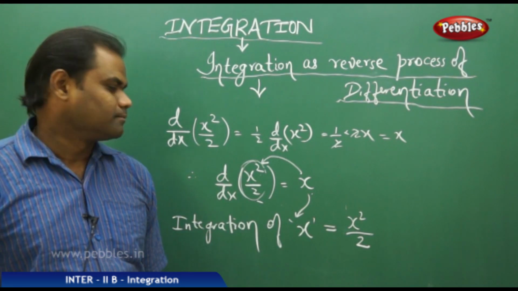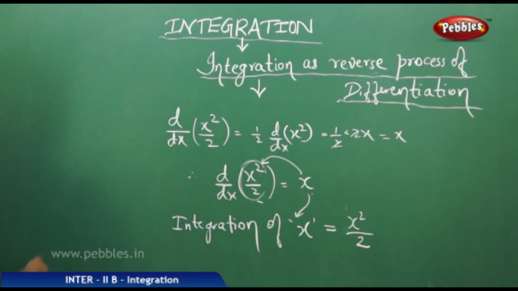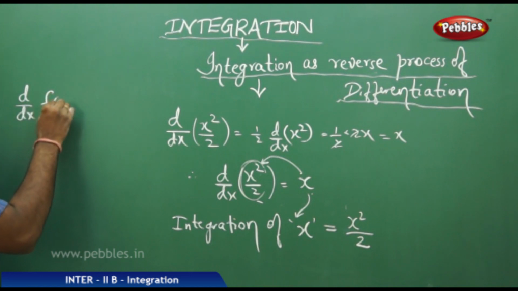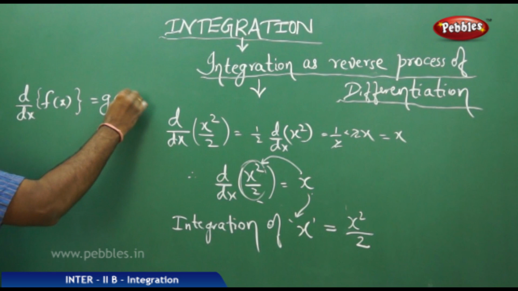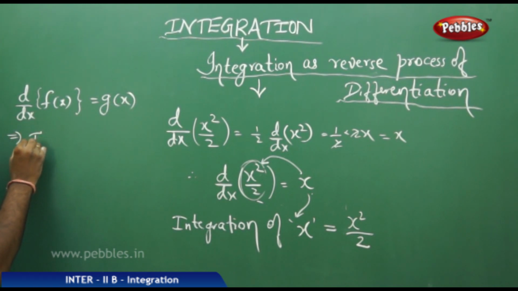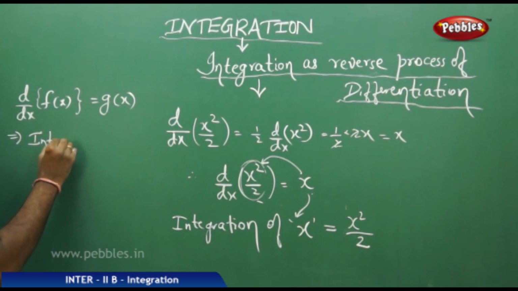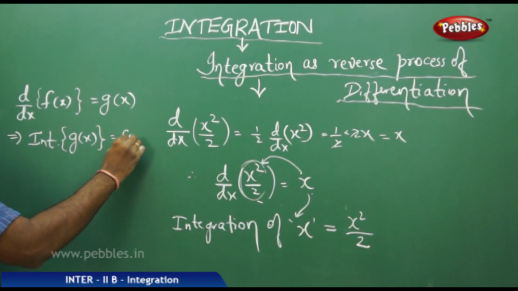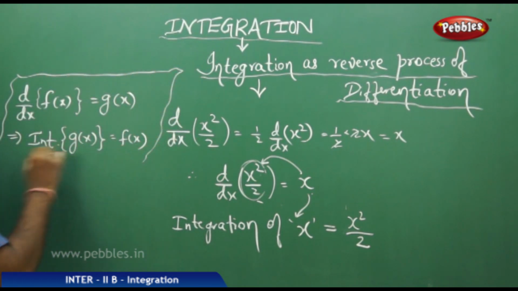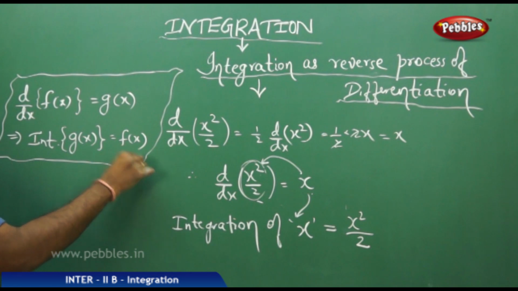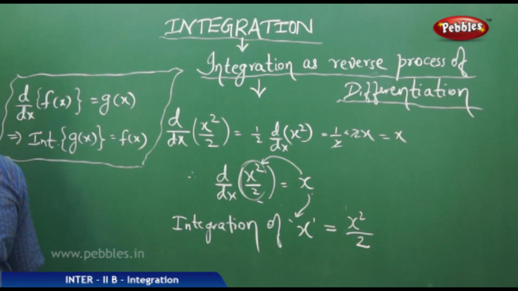Therefore, it comes to the general conclusion that if d by dx of f of x is, say, the function g of x, then that implies integration of the function g of x is f of x. This is how we understand the relation between derivation and integration.